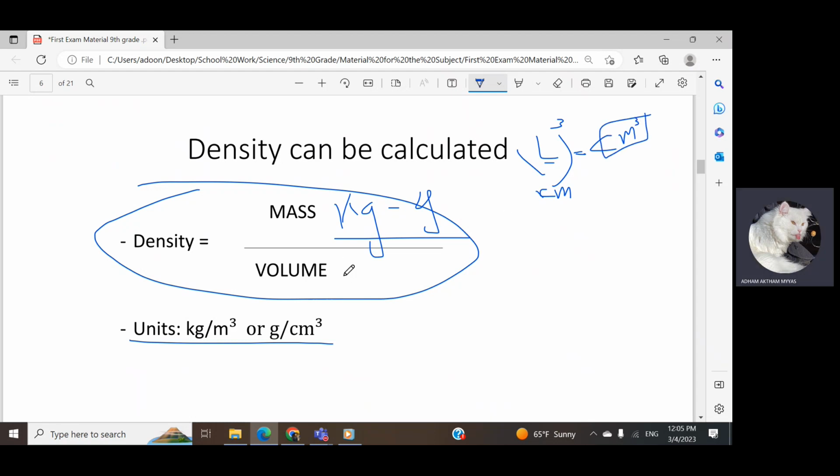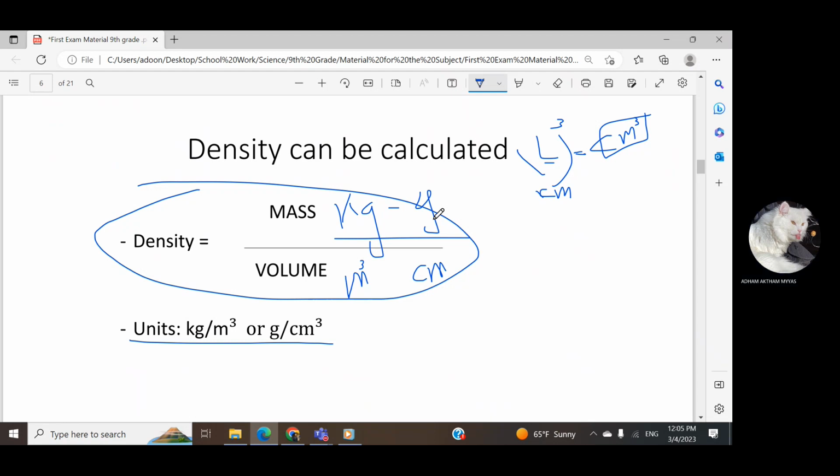So here we can say that this is maybe meter cubed for the kilogram, because if I have kilogram, I have a big object, so a bigger volume. And if we are talking about gram, we will have centimeter cubed because it's a smaller object and it will have a smaller size.